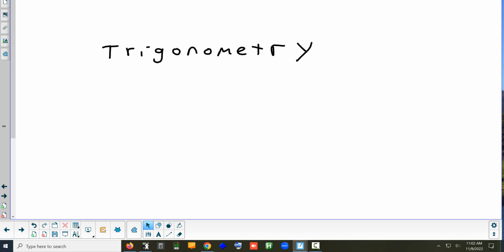Does anybody see something within that word, like a prefix or a suffix, that they might already know what that part means? Yeah? Tri. Okay, what does that mean? Three. Okay, so tri means 3. Anything else? Yeah? Metry is like measure. So that's measurement.